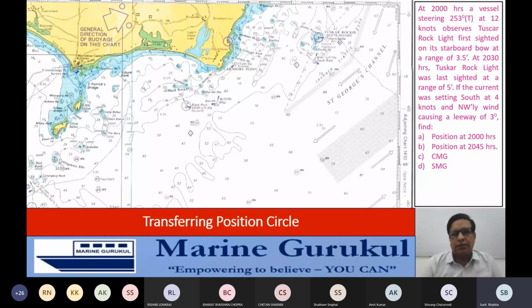At 2030 hours, Tusker Rock Light was last sighted at a range of 5 miles. If the current during this period was setting south at 4 knots and a northwesterly wind caused a leeway of 3 degrees, we need to find the position at 2000 hours, position at 2045, course made good, and the speed made good.